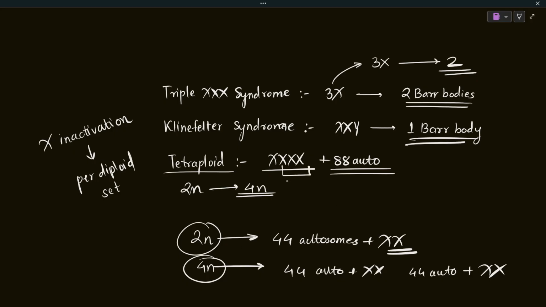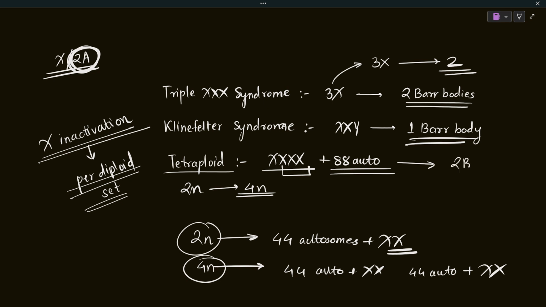But in this case, X inactivation is always per diploid set. This X inactivation is done to maintain the sex chromosome to autosomal ratio. So it is always the X to 2A ratio, the diploid set of the autosomes. So that is why, instead of three bar bodies, which is logically correct, this tetraploid condition will have two bar bodies.